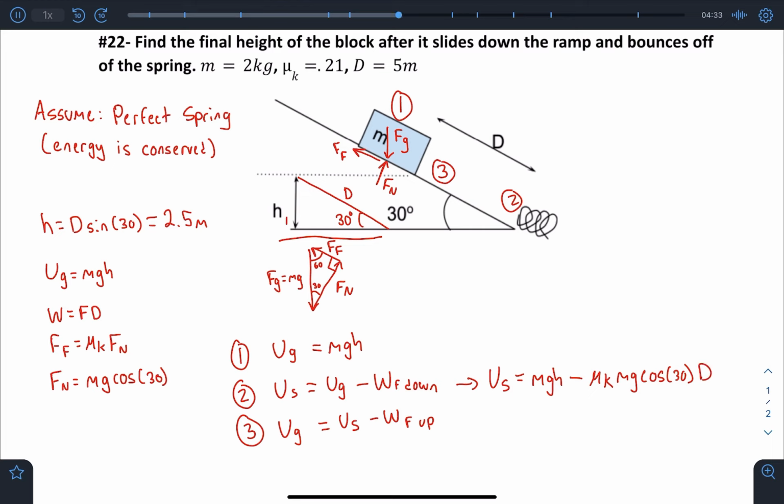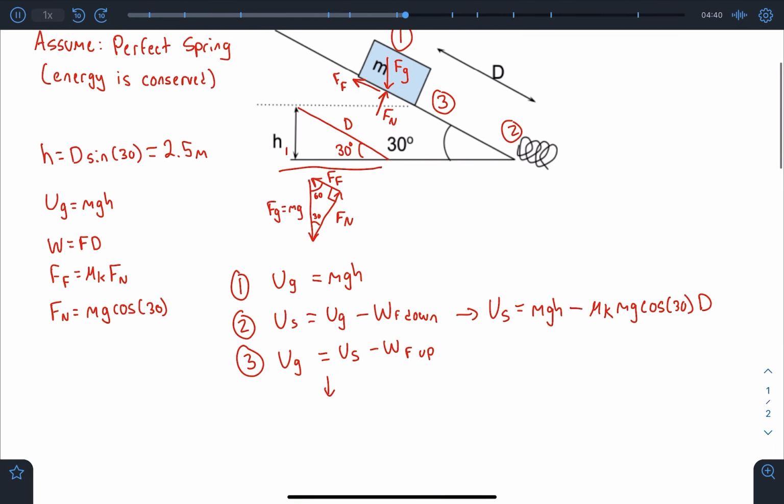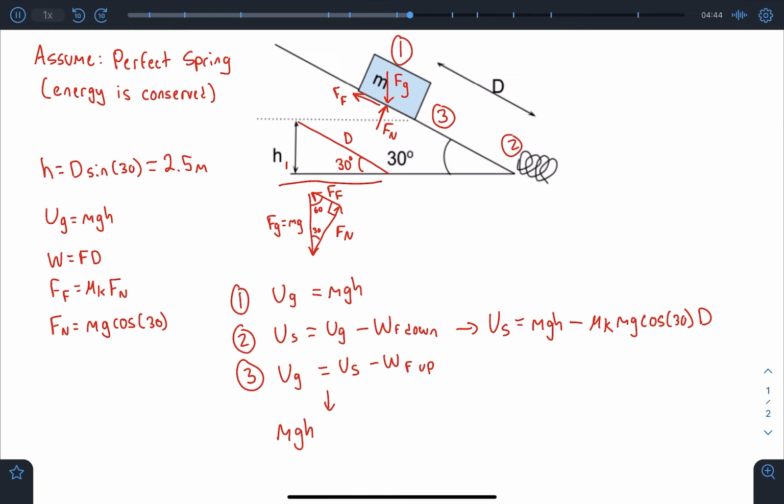Doing the same thing for point 3, we can work that out a little bit. We've got our final gravitational potential energy, which we can call mghf, and hf is the value that we're looking for in this problem.